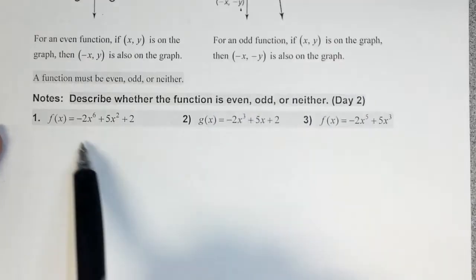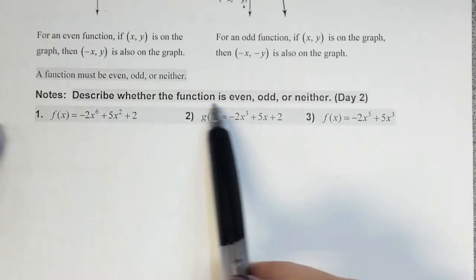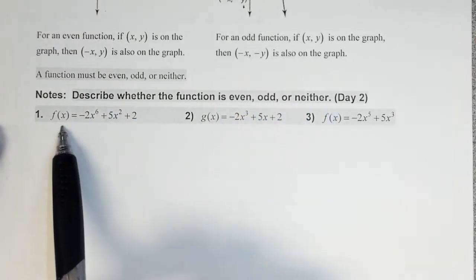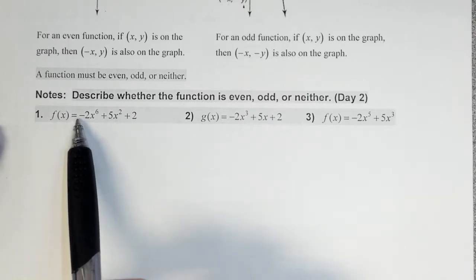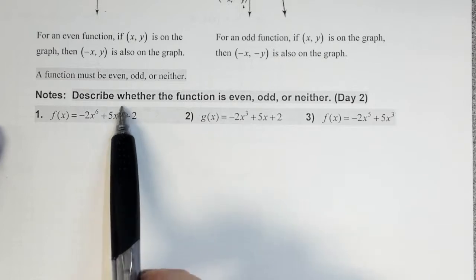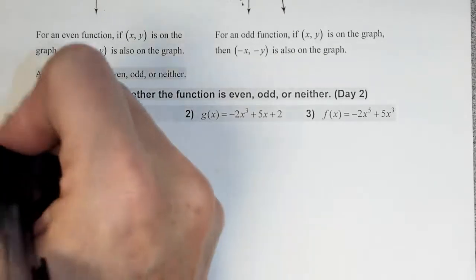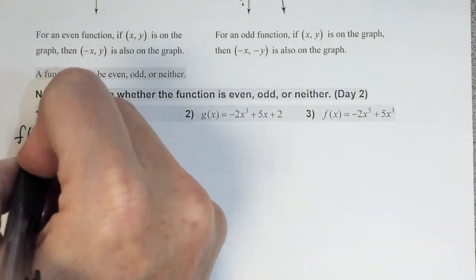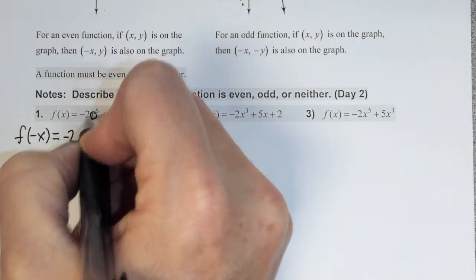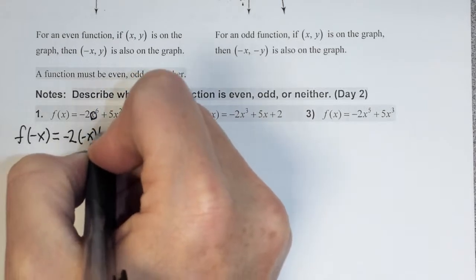All right, so we're going to look at some examples now. Describe whether the function is even, odd, or neither. Here's the first function. F of x equals -2x to the 6th plus 5x squared plus 2. So I have to test f of -x. -2 stays the same, but wherever I have an x, I replace it with a -x.